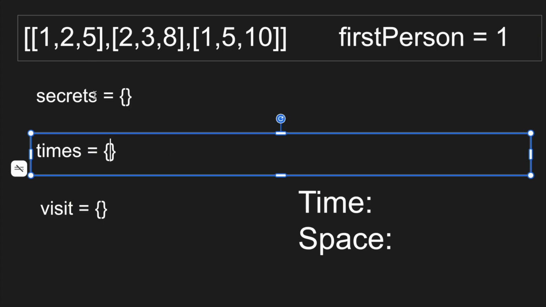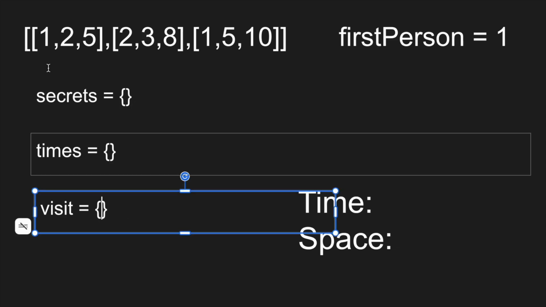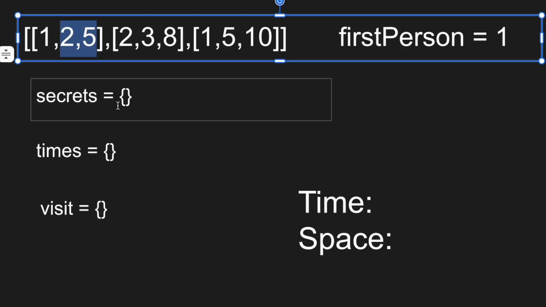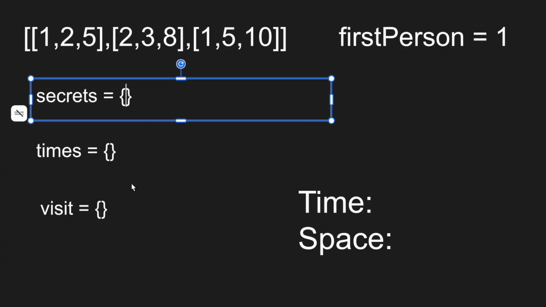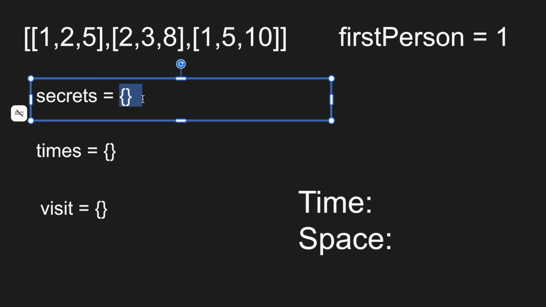For each time we will set up a temporary visit set so that we don't do repetitive steps. As soon as we see a person, we add them to the visit set, and we look in depth to see all the people that caught the secret at that time. By the end of the iteration, we can return the secret set as a list.